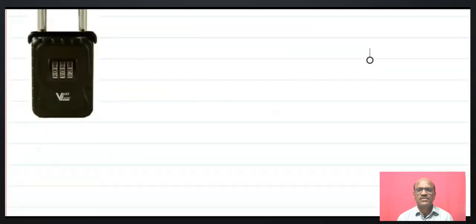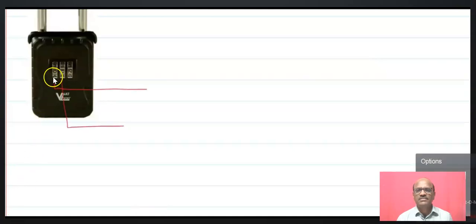This is the type of lock you have seen here. That is, the lock has 3 rings: first, second, and third.